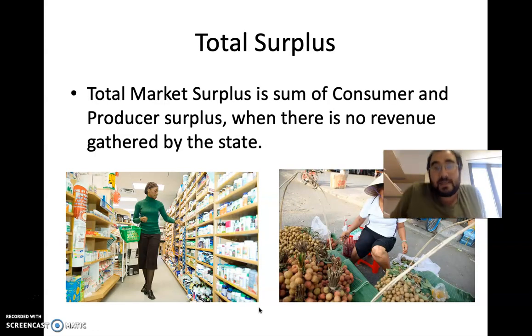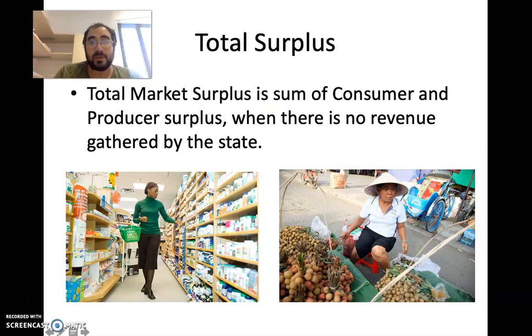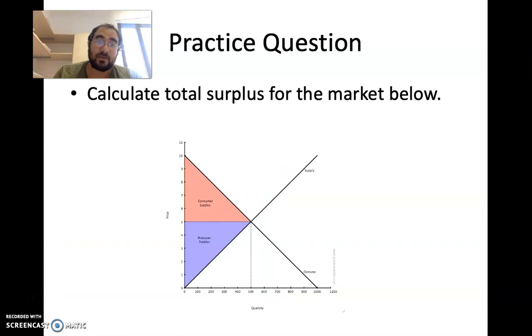Total surplus is the consumer surplus plus producer surplus. If there is no revenue gathered by the state, it is called market surplus in some cases. If you have a graph like this, it's possible to calculate consumer, producer, and total surplus just by subtracting 10 from 0, where the producer surplus starts, which in this case is 10.